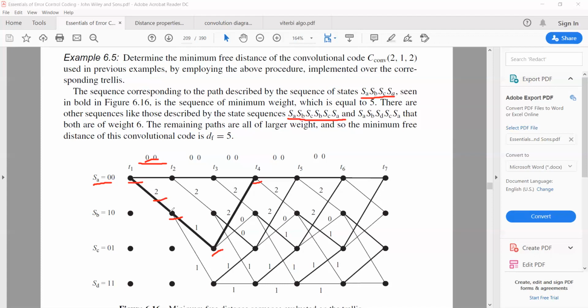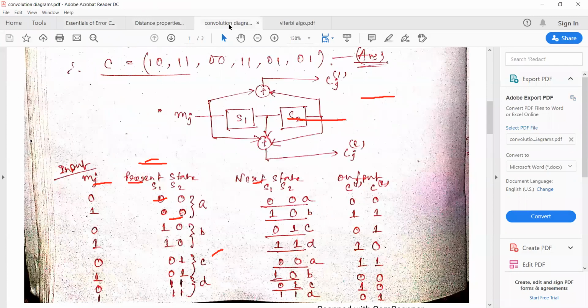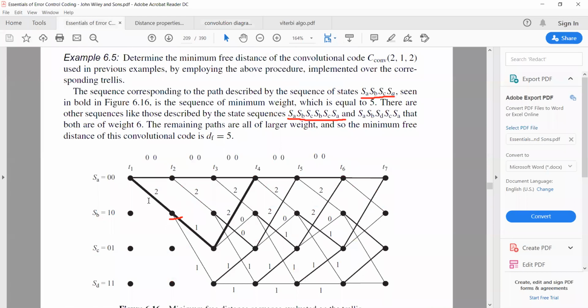So I have to see what was the output. From SA to SB, the output was 11, right? Okay. Now, the output is 11.